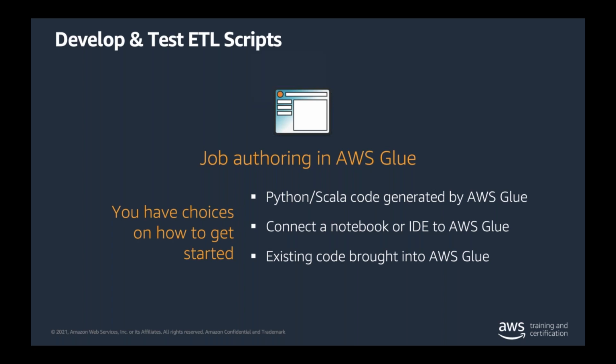Then you could take that auto-generated code as a baseline and further evolve it with additional custom code. And you can use Glue notebooks to evolve it. And once done coding, testing, and evolving your code, you can bring that code back to Glue to run it as a Glue job. Or if you want, you can even create your own pre-created ETL script from scratch, upload it to S3, and use Glue to run the code as a Glue job. That's a lot of flexibility for sure.